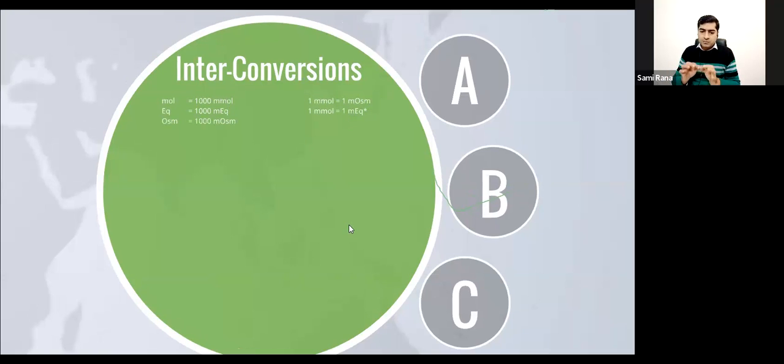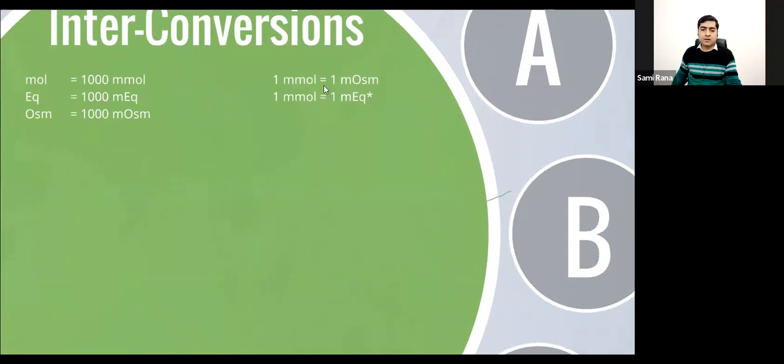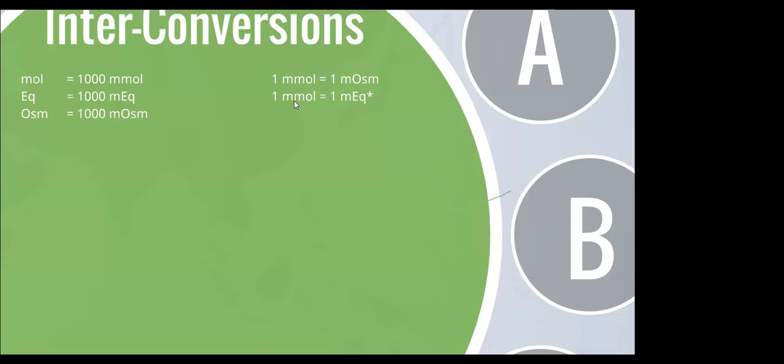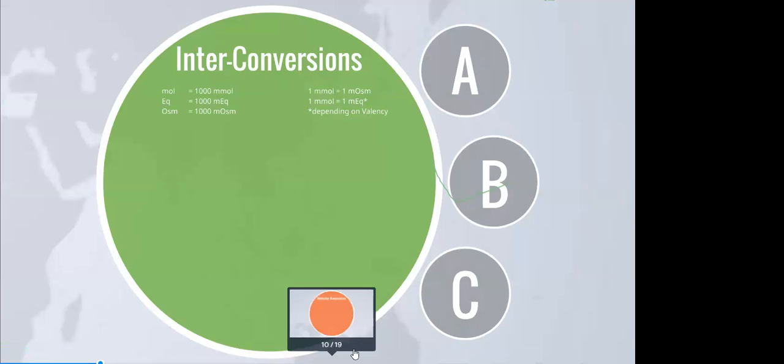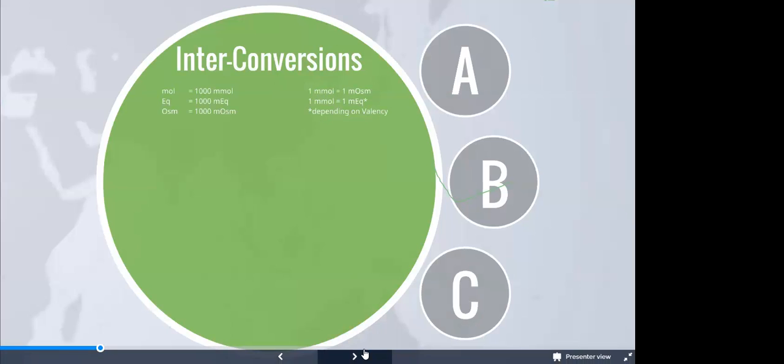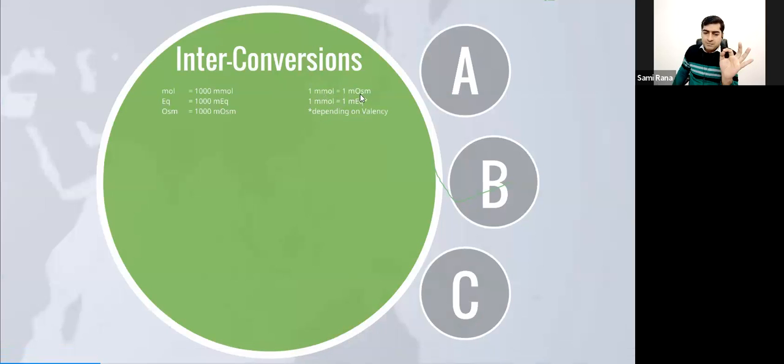Now the next concept is about millimoles and milliequivalents. This is a bit different than the relationship between moles and osmoles. 1 millimole is always going to be equal to 1 milliosmole, or conversely, 1 milliosmole is always going to be equal to 1 millimole.